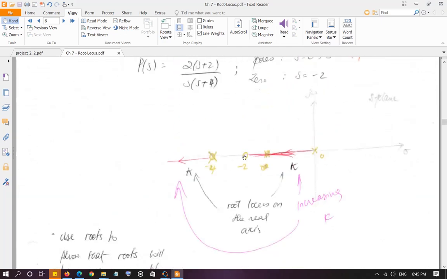So centroid is -2, angle is 180 degrees, or in this case, simply when it is 180 degrees, there is a 0 located at 180 degrees. As simple as that.